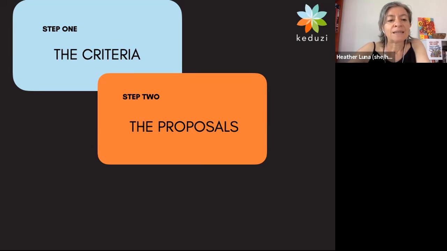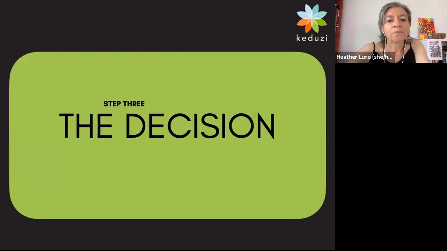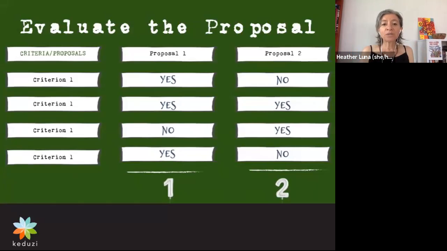Okay, so let's move into the decision now. So people have come up with proposals. Maybe one group did, maybe lots of groups did, maybe each person thought about it and put forward proposals. So ahead of the time for the decision, you would likely be sharing these proposals, and each person could evaluate the proposal.